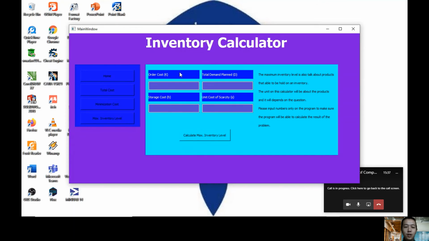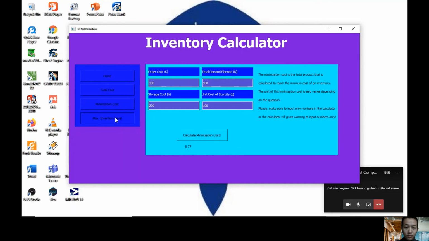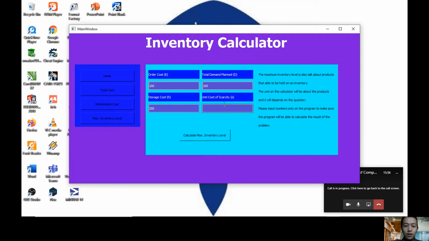And for the last one, it is the maximum inventory level. It has the same constraints, but a different equation. So if we input the same input, the result will be different. This program is also able to detect alphanumeric, alphabet, and zero input.